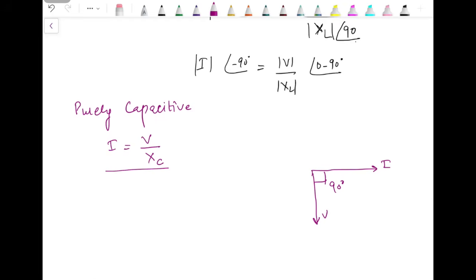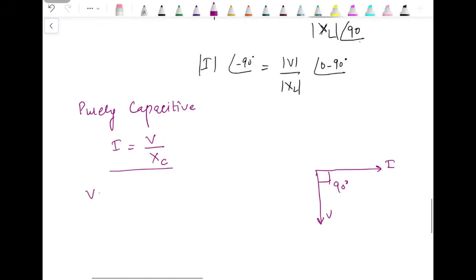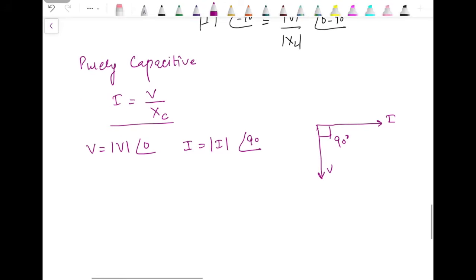Now if we incorporate the phase angles, then V is magnitude of V angle 0, current is its magnitude, and angle is plus 90. I angle 90 degree equals V angle 0 upon XC.